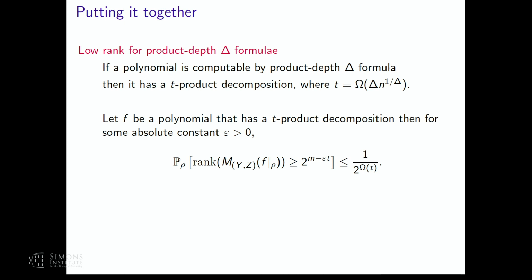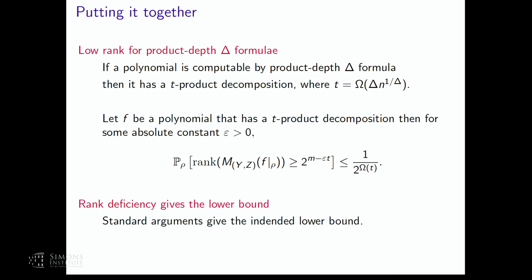That's how we get the lower bound. Once you show rank deficiency for the model and full rank for the polynomial, standard computations will give you a lower bound.